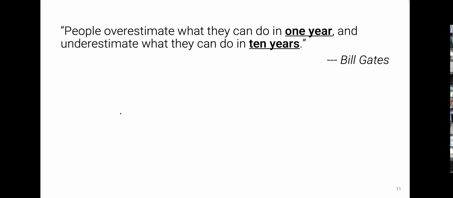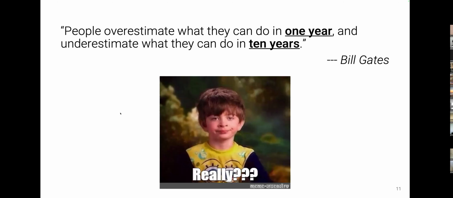I remember this quote from Bill Gates, saying that people normally overestimate what they can do in 1 year and underestimate what they can do in 10 years. I think this quote is half true, because people can really achieve a lot in 1 year.